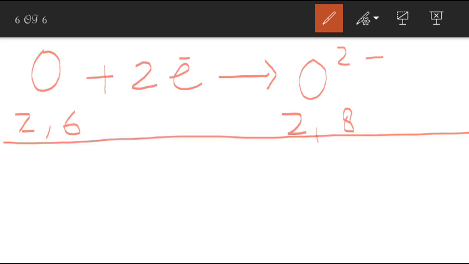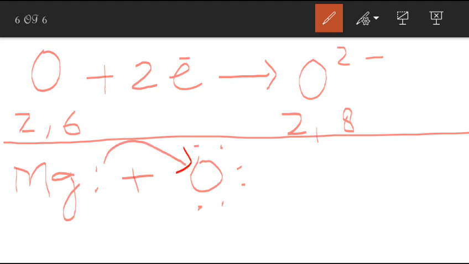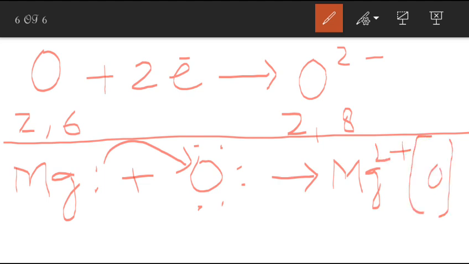In this way, magnesium, the number of valence electrons is 2, plus oxygen, the number of valence electrons is 6. It will lose these 2 electrons, electron transfer will take place, it will get converted into Mg2+ and O2-.